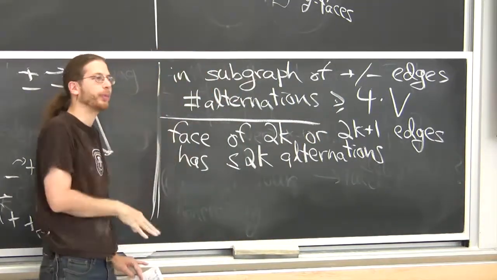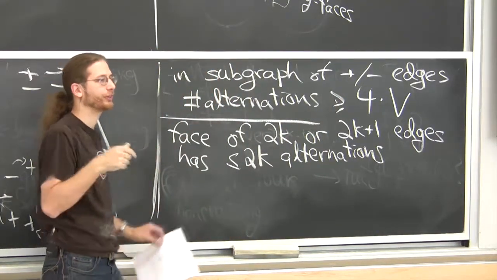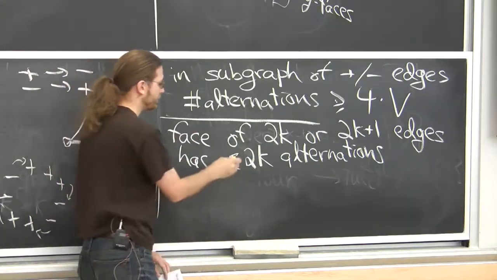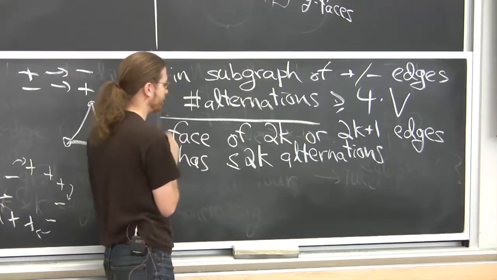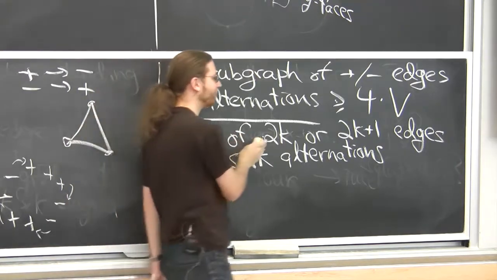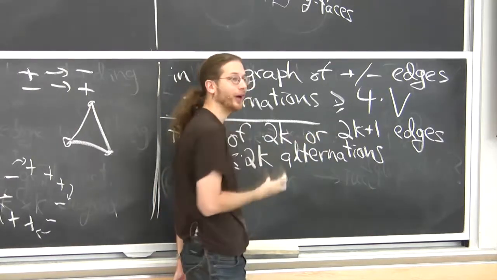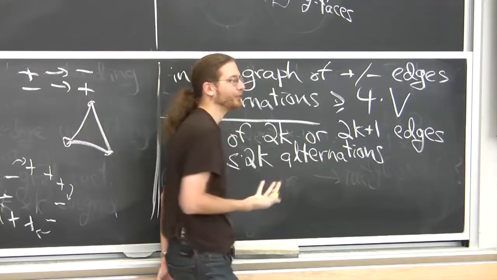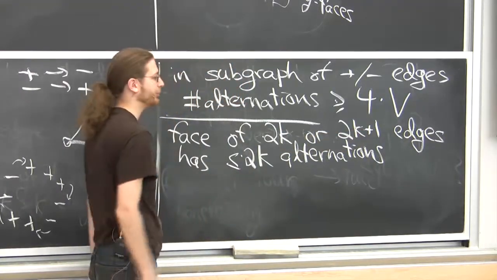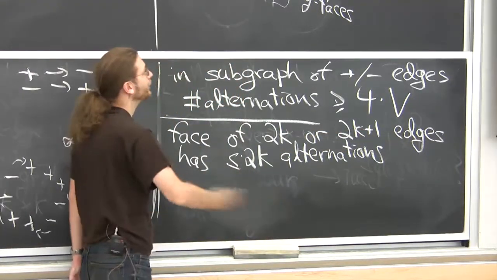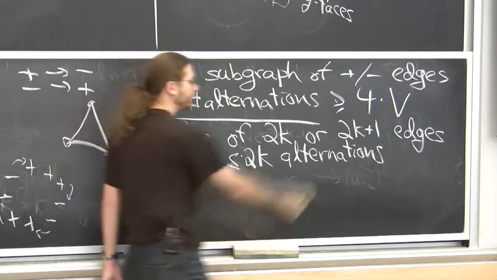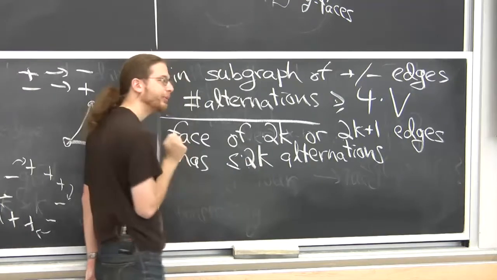I'm going to try and prove an upper bound, sandwich it between, and show that actually the upper bound is smaller than the lower bound, and that's a contradiction. So this is kind of obvious, right? If you have 2k vertices, no more than 2k alternations. The place where we're making a little improvement is for the odd case. We know because the number of alternations has to be even, you can't get up to 2k plus 1 alternations. It has to be even because for every plus to minus, there has to be a matching minus to plus because it's cyclic. So even here, you can only get 2k alternations. That helps us a little bit.